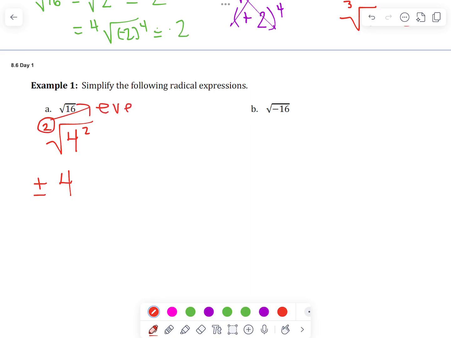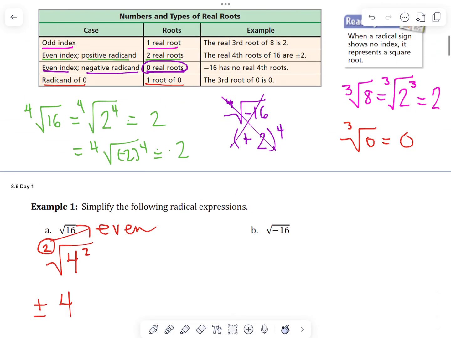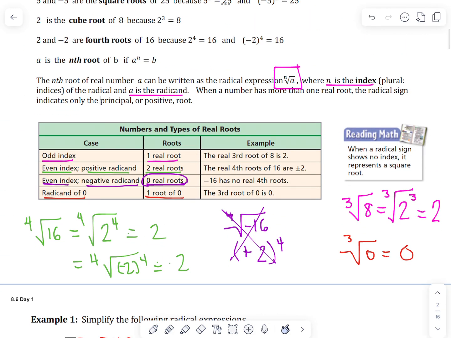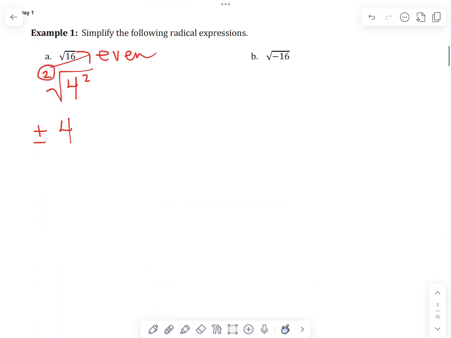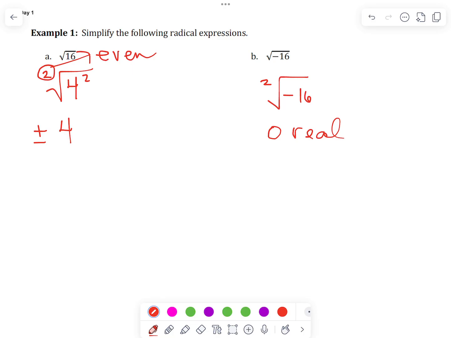So we go up to our chart here. We have an even index and a positive radicand. We can have 2 real roots. The next one has an even index, but there's a negative radicand. So this one will be 0 real roots.